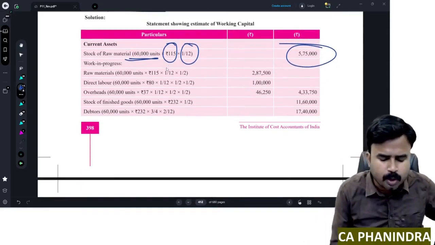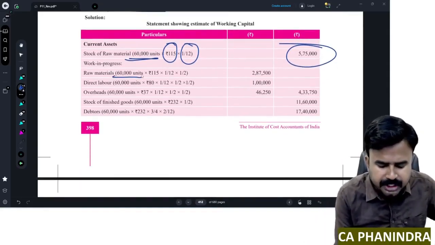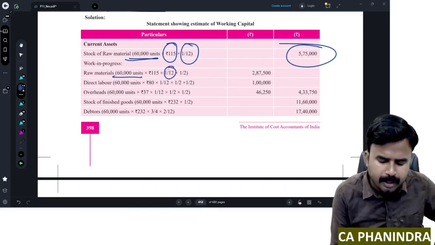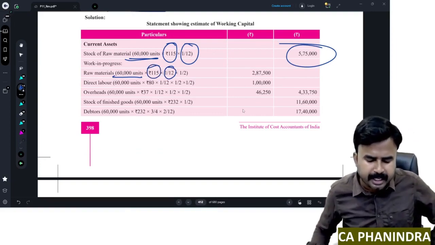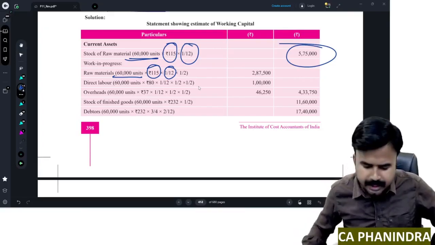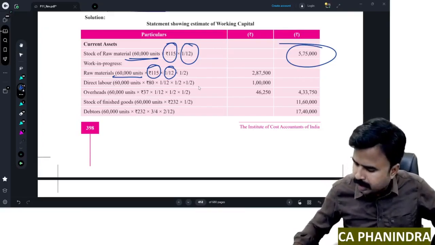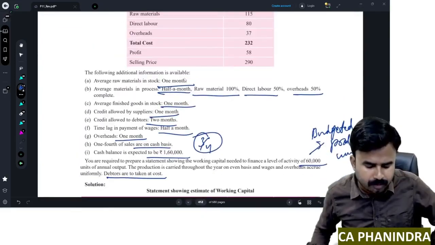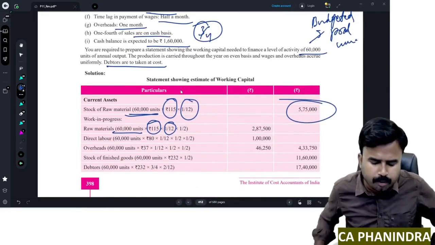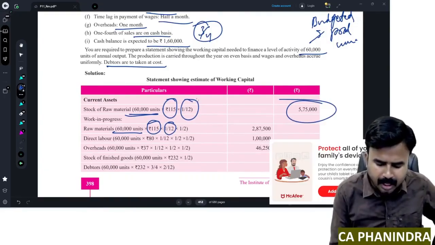Now investment in stock of work in progress. Budgeted production units into work in progress holding period divided by 12, into raw material cost per unit. The work in progress holding period is half a month only. You better write your own formula instead of following this formula. I'll write like this.